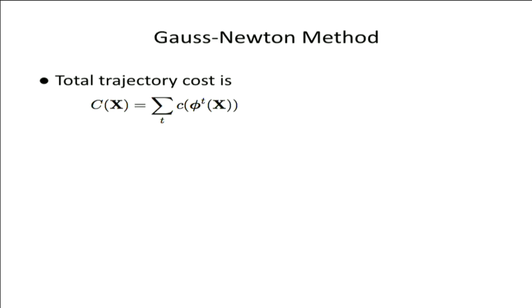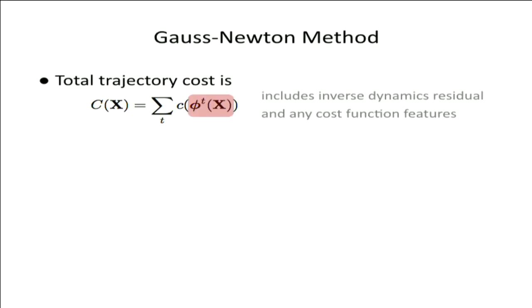So let's say your x is your total trajectory, and you have some total trajectory cost, where phi is all the features of the problem that you would care about. So it includes the inverse dynamics residual and any other cost features.